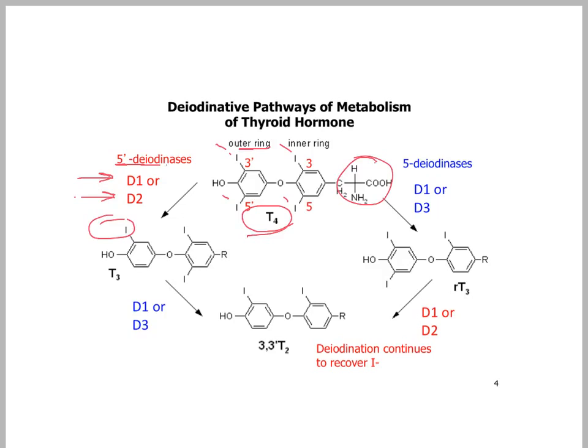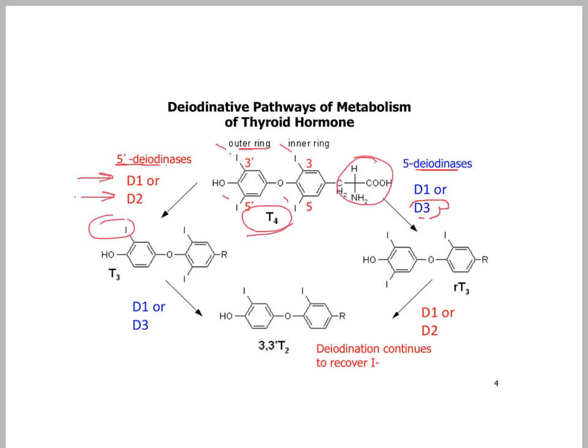Then we have the inner ring deiodinases, or 5 deiodinases, and while deiodinase 1 has some activity along this line as well, I want you to focus on deiodinase 3. Deiodinase 3 was one of these enzymes that we didn't pay a lot of attention to because it just inactivated thyroid hormone.